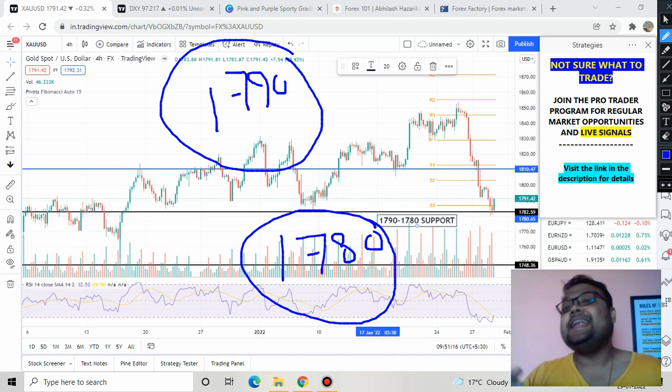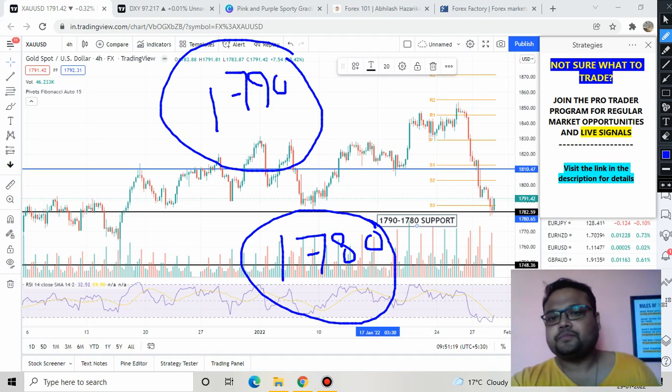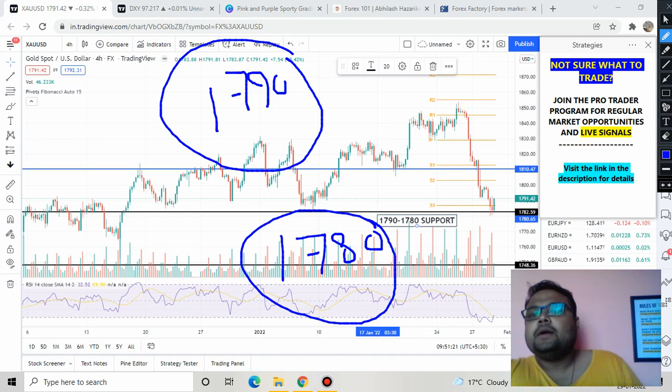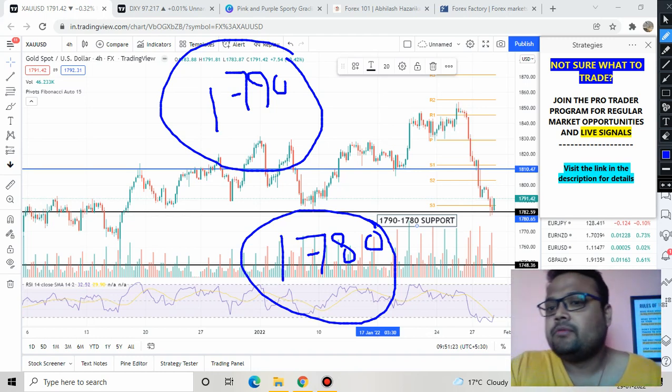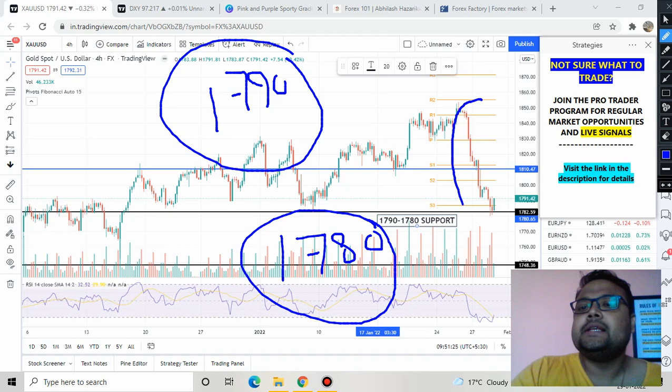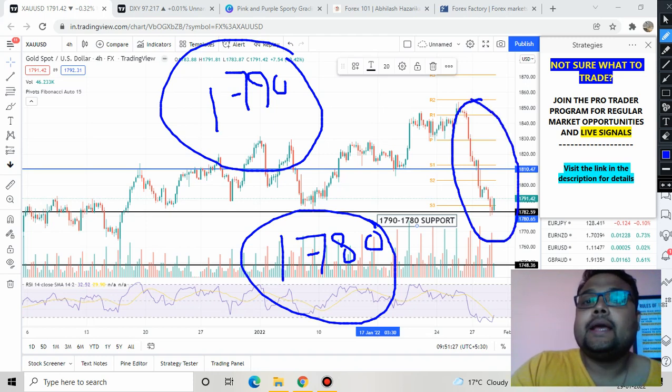It was 1780 that came for a rescue, and ultimately market tried to bounce from here. But considering this selling pressure in the market, we cannot rely on the 1780 level much.